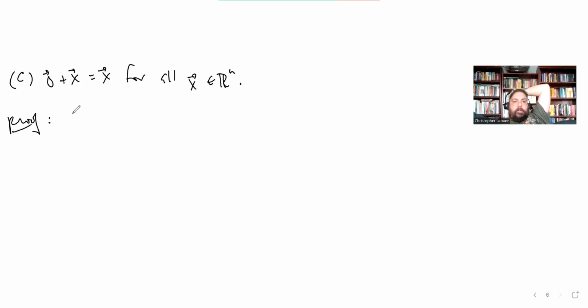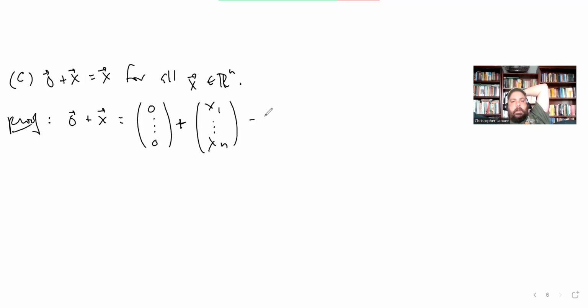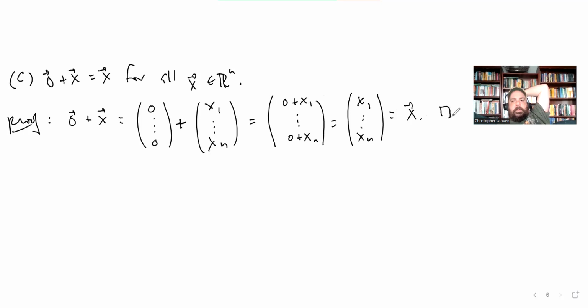So if we take 0 plus x, the zero vector has n copies of 0, and x is x1 up to xn. This is 0 plus x1 up to 0 plus xn, which is x1 up to xn, which is the vector x. So that shows that that's true. That was letter C.